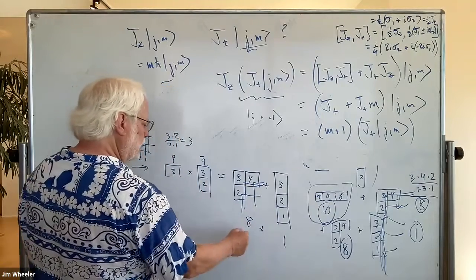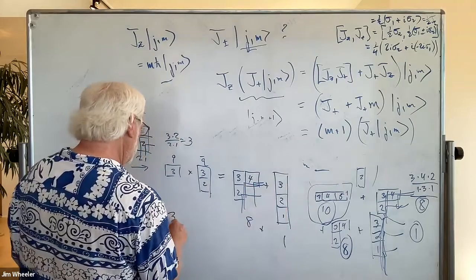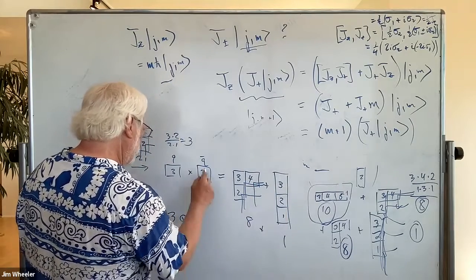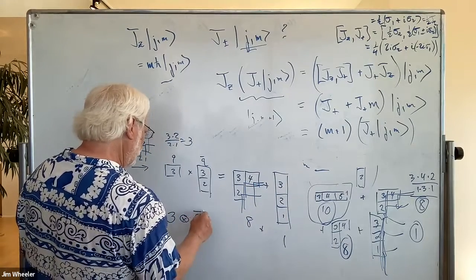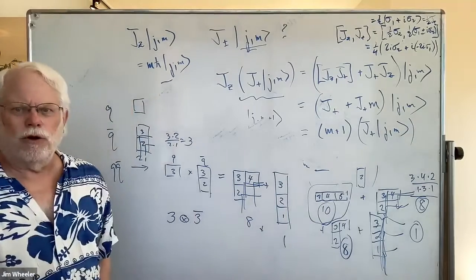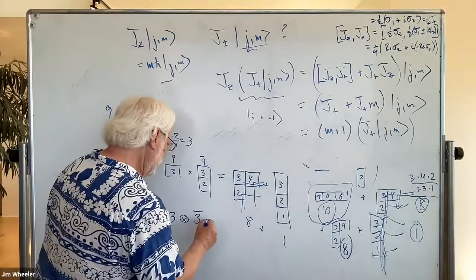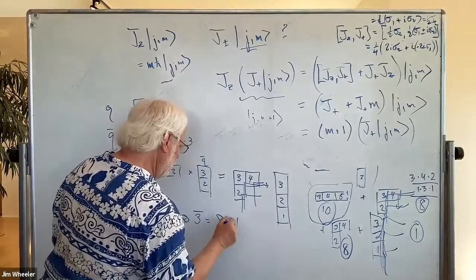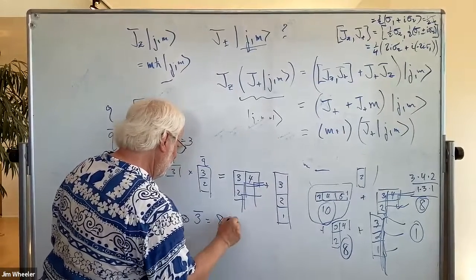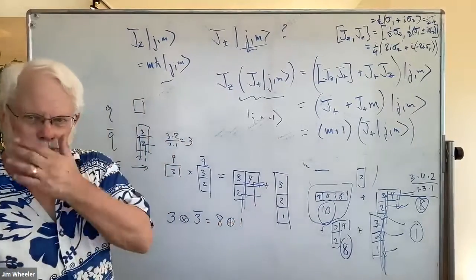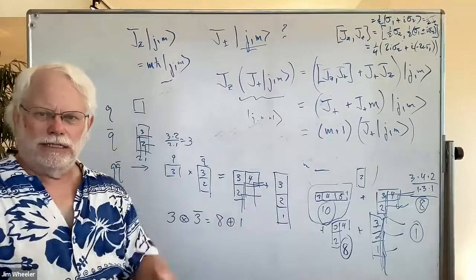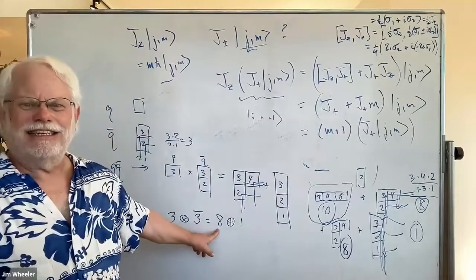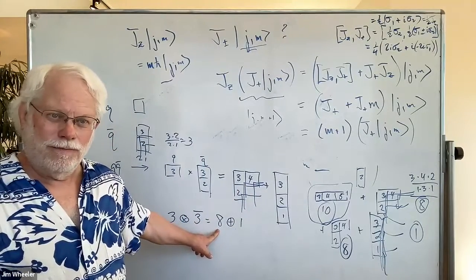So 3 times 3 equals 8 plus 1. That works, except that we write this as a 3 bar if we're using the antiparticle representation, and that gives an 8 plus a 1. So what we expect for mesons is some singlet meson, and then an octet of mesons.